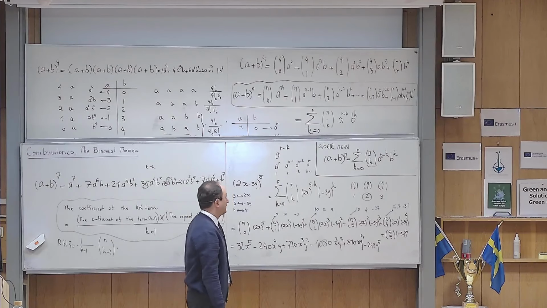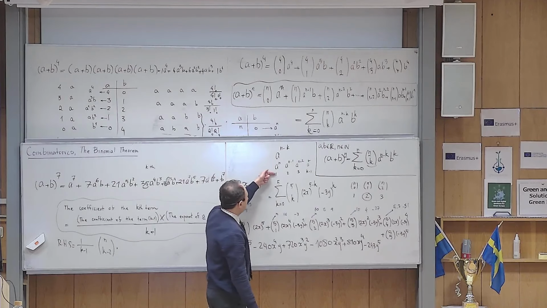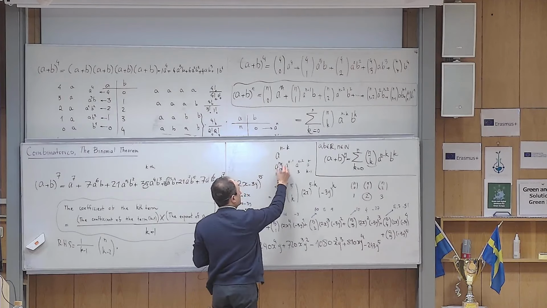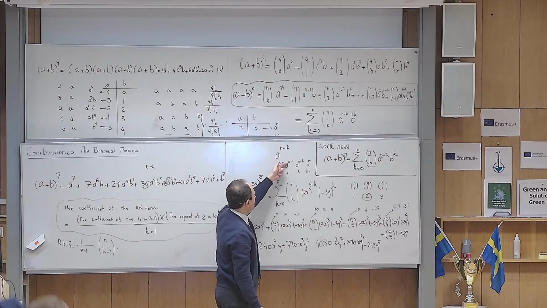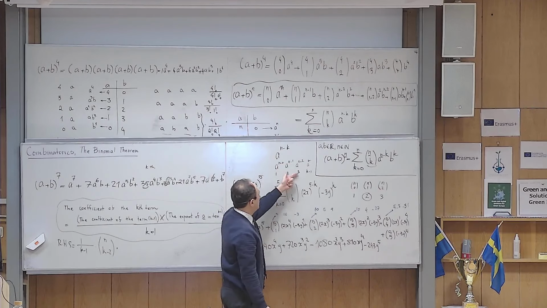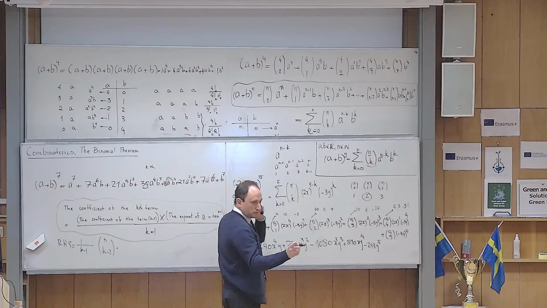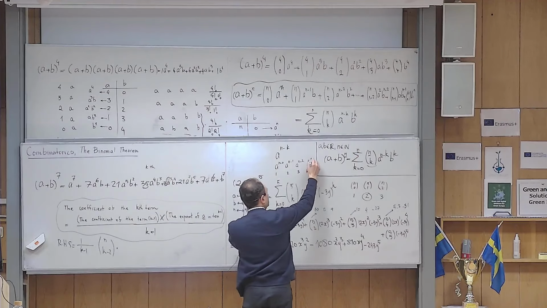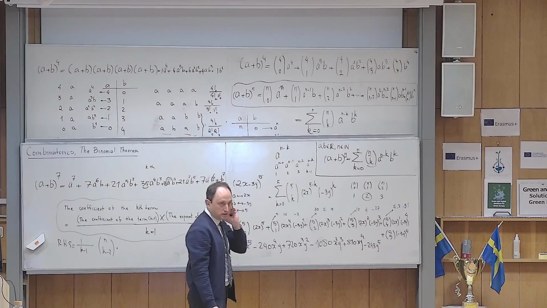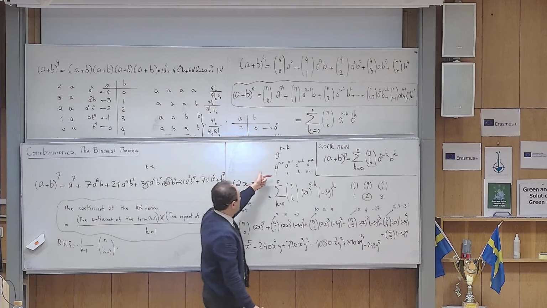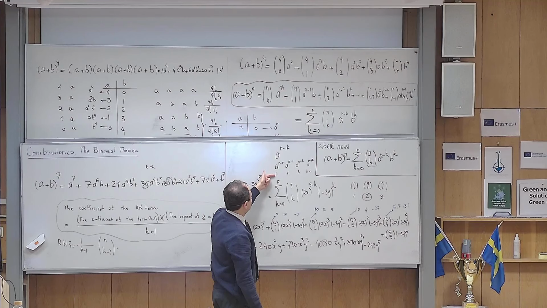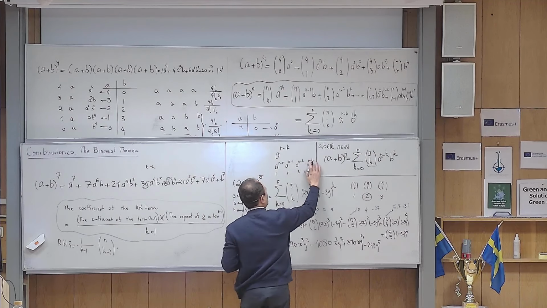No, not k. So you see, the first term, it is n minus 0. The second term is n minus 1. The third term is n minus 2. So yes, you said what? No, k you said. Yeah, that's correct. It's n minus k. Yes? Because you know, yeah, this is something like this. K minus 2.